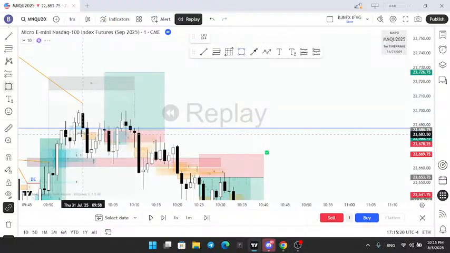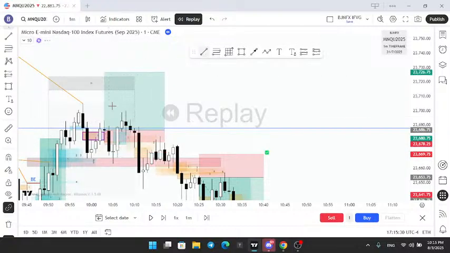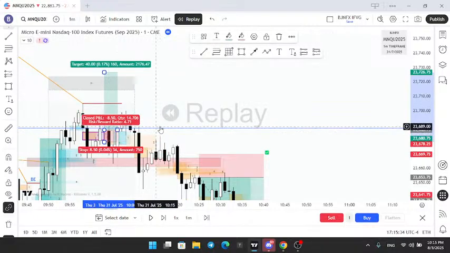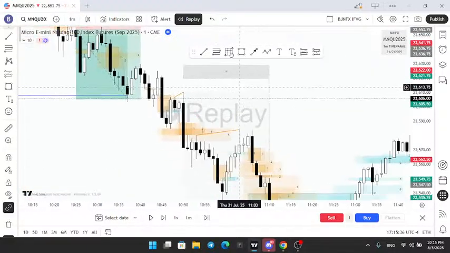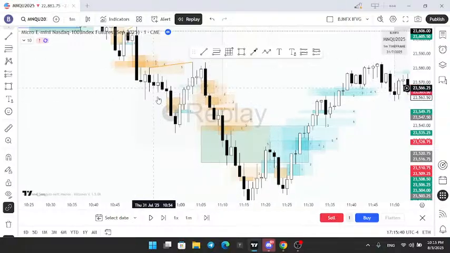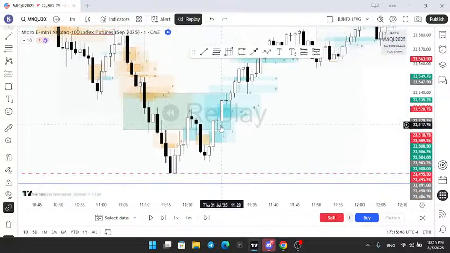Price was respecting these bullish FVGs here, then inverted this 1 minute tiny FVG and didn't reach our break-even level. This was a loss. Here, this was a break-even trade, it didn't reach TP.